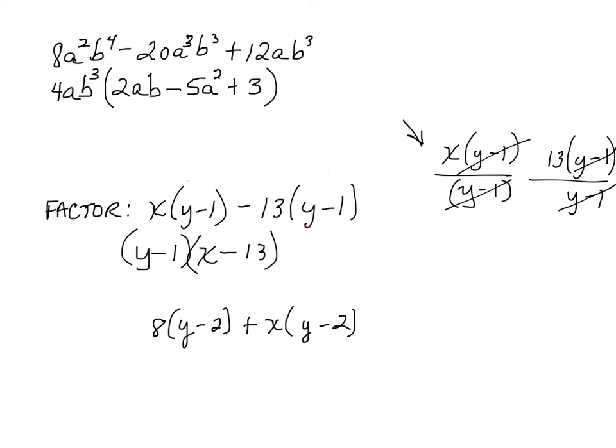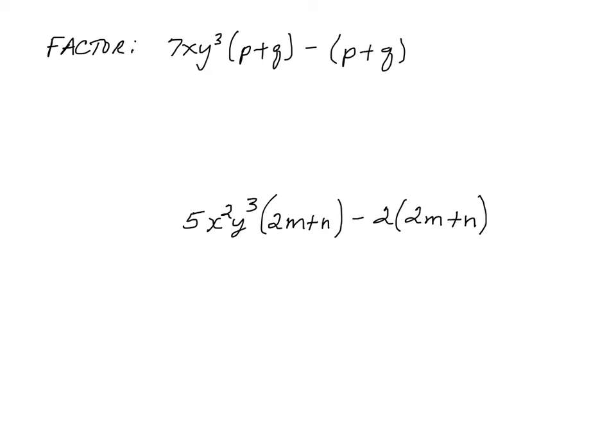If you read it out loud, you'll hear what they have in common. They both have a y minus 2 in common, so that's the GCF. Factor it out, and you're left with an 8 plus x. And now you have a factor times a factor, which means you have just factored that polynomial.